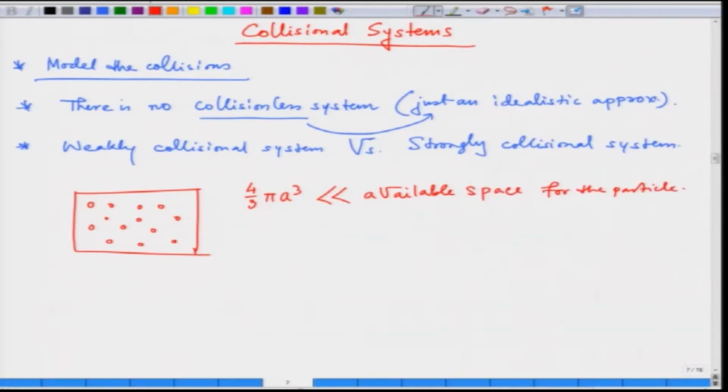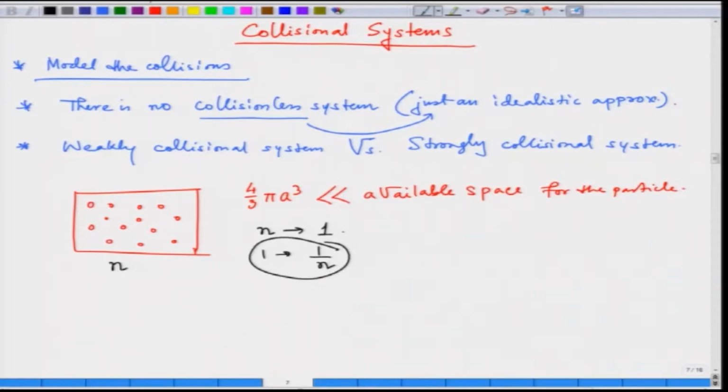Now, how to calculate that? There is a very elegant calculation for that. You can think that if n is the number density of the system, then n particles will have unit volume, then one particle will have 1 by n volume. So, that is the volume accessible for the system, given the container.